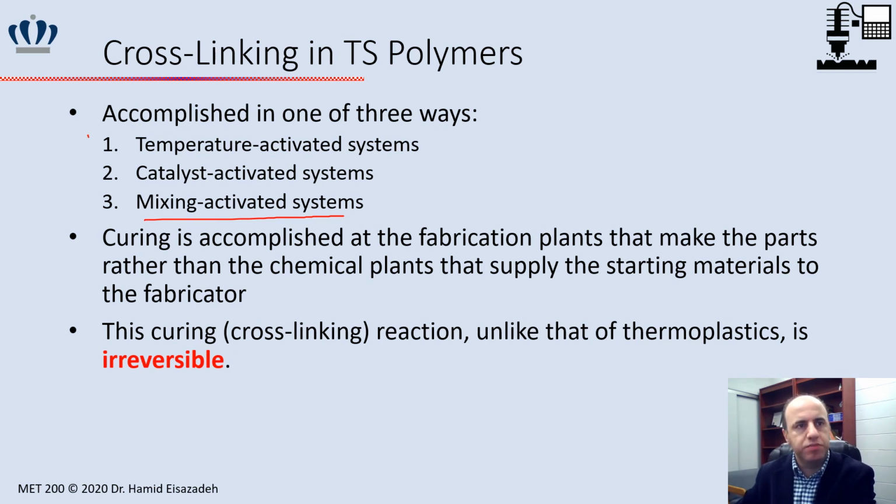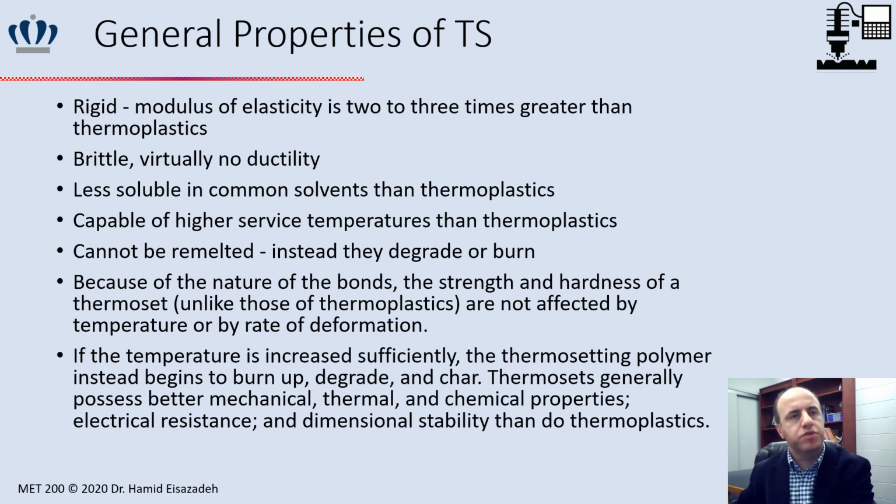When one of these processes starts, then curing is going to be performed. And this curing or cross-linking reaction is irreversible. Here are some of the properties of the thermoset.